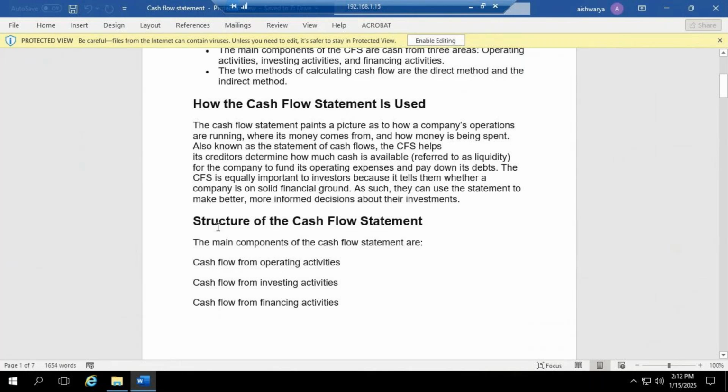The structure of the cash flow statement is divided into three parts: cash flow from operating activities, cash flow from investing activities, and cash flow from financing activities. Understood, guys?